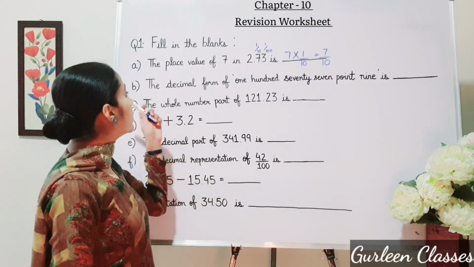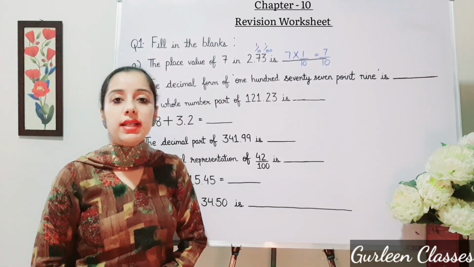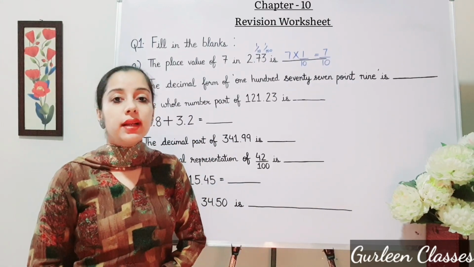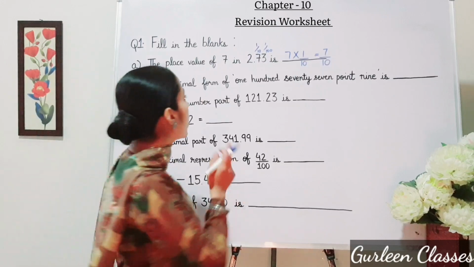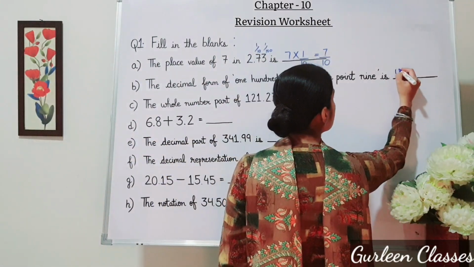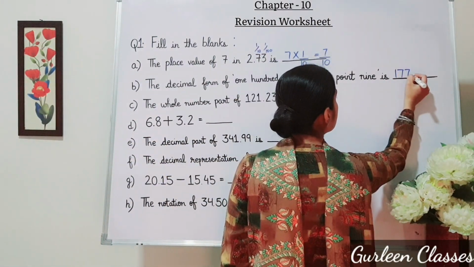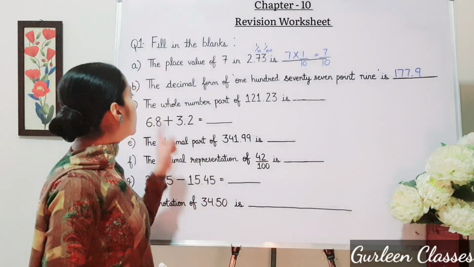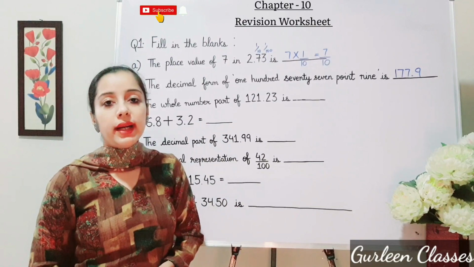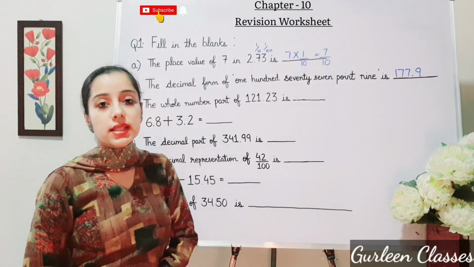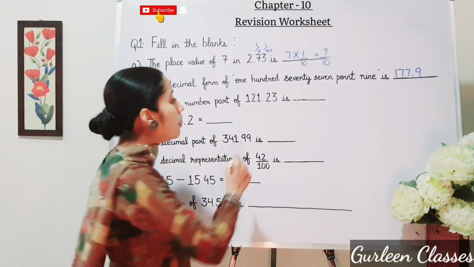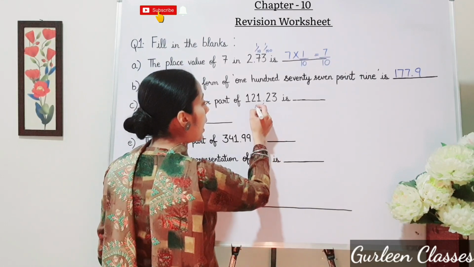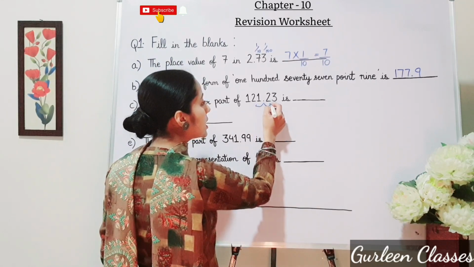B part, the decimal form of 177.9 is, here we have to write the decimal form. So it is 177.9. C part, the whole number part of 121.23 is, whole number part is before the decimal point and after the decimal point it is the decimal part.